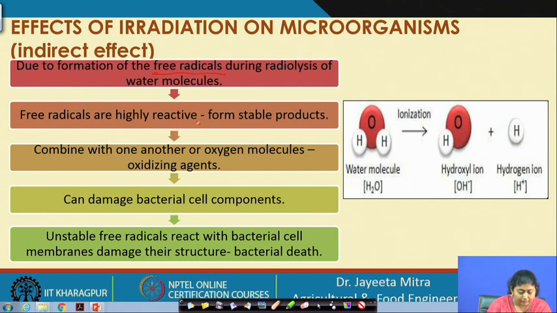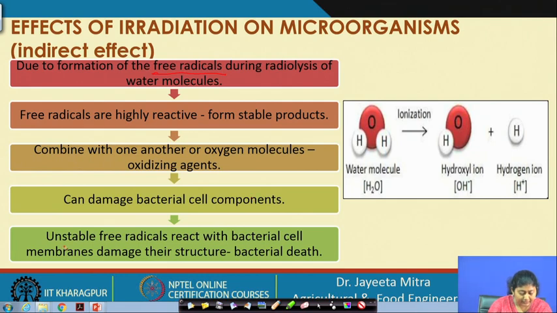So, they combine with one another, because they are highly reactive. They have to make other products to reach a stable form. They combine with one another or with oxygen molecules and work as oxidizing agents. This oxidizing effect can damage the bacterial cell components.